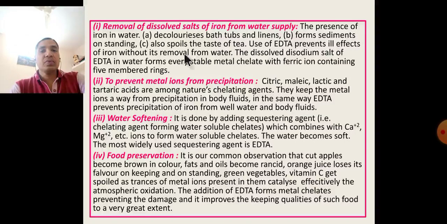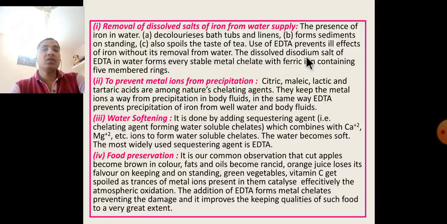The presence of iron in water causes decoloration of bathtubs and lines. Second, it forms sediments on standing and also spoils the taste of tea. Use of EDTA prevents the ill effect of iron without its removal from water.